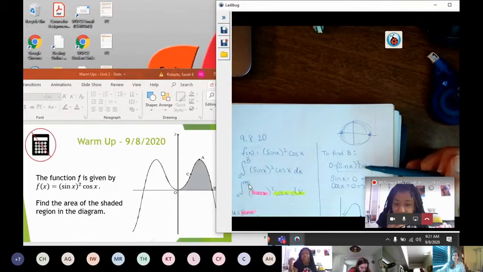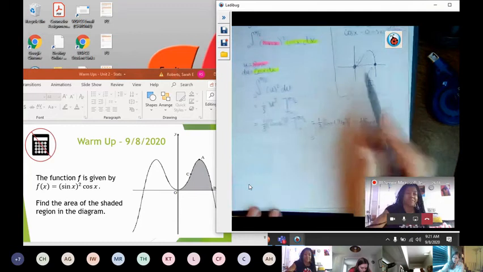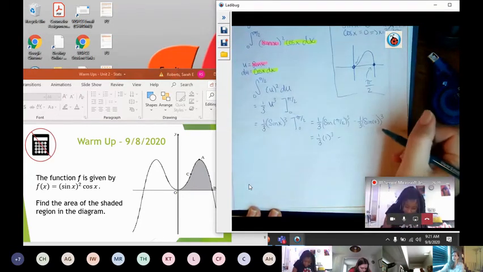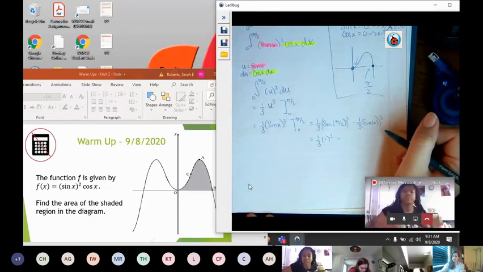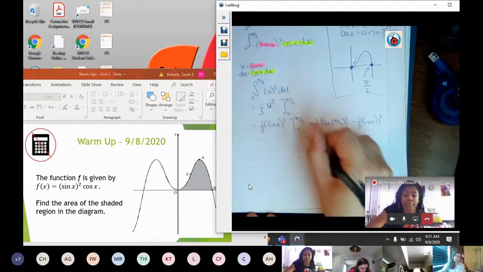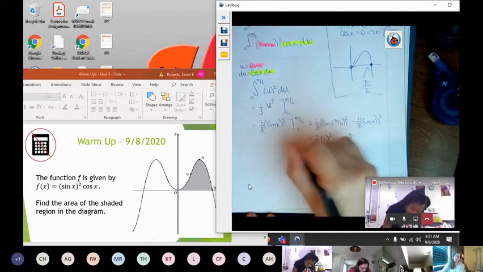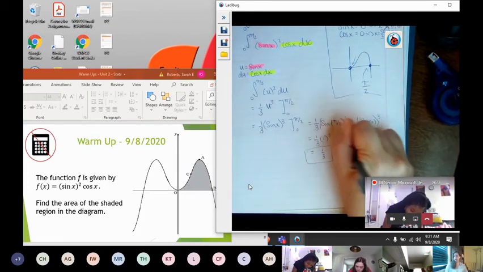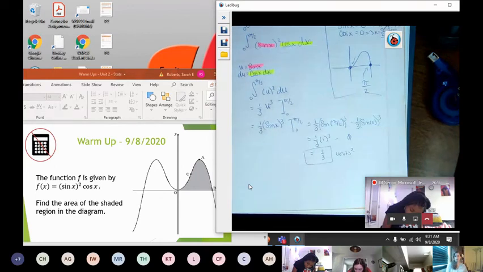Yeah, good. So just 1/3 times 1, and then sine of 0 is what? 0. Yeah, make that 0. Okay, so my final answer is just going to be 1/3. And you're done. And I guess we should have units squared. Stick our units in there.